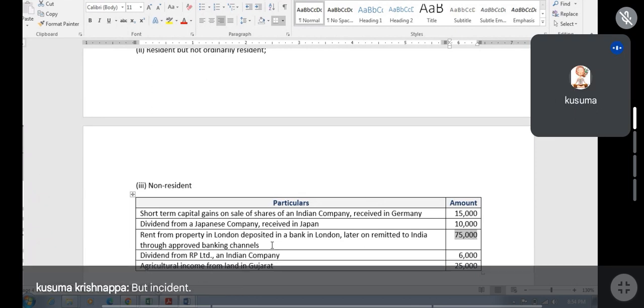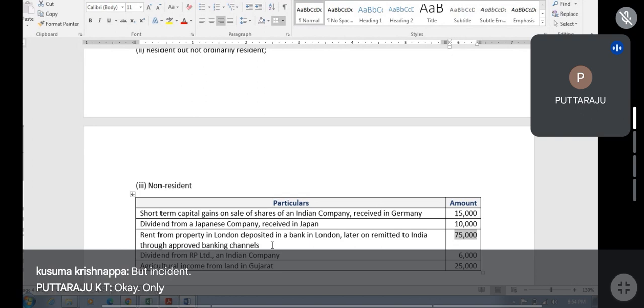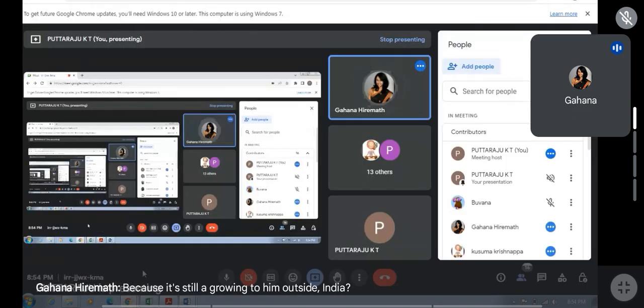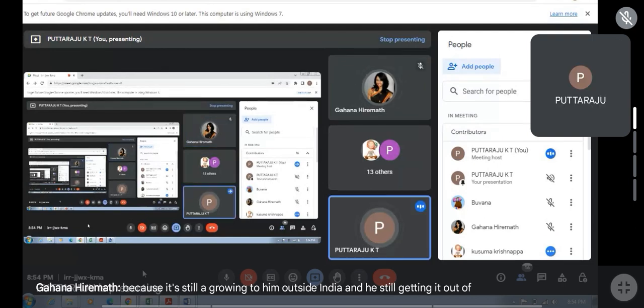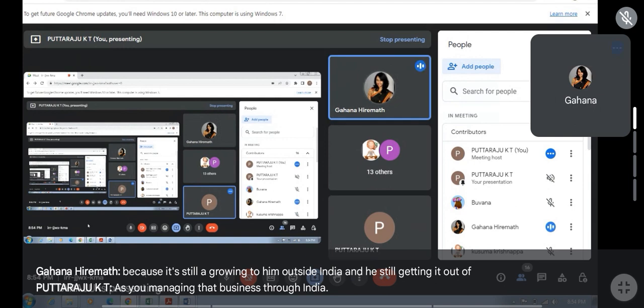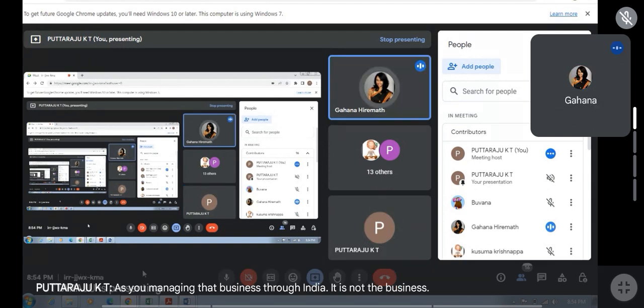Only resident? So even NOR, right? Why? Because it's still accruing to him outside India. Is he managing that business through India? It is not the business.